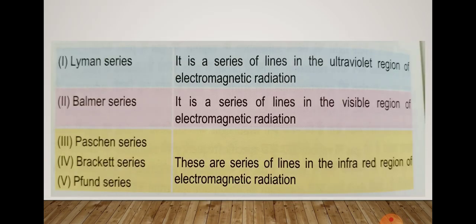So Lyman is found in the UV region. The Balmer series is found in the visible region. Paschen, Brackett, Pfund, these all three are found in the infrared region of the electromagnetic radiation.